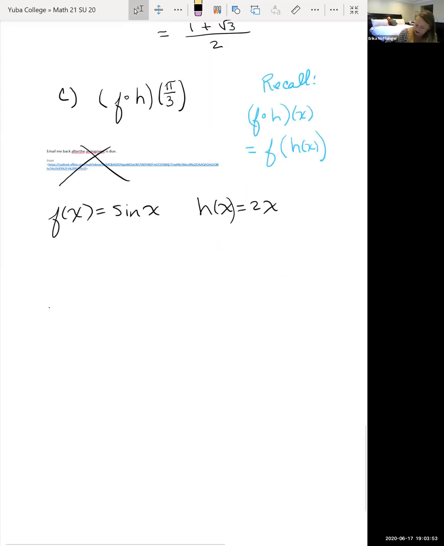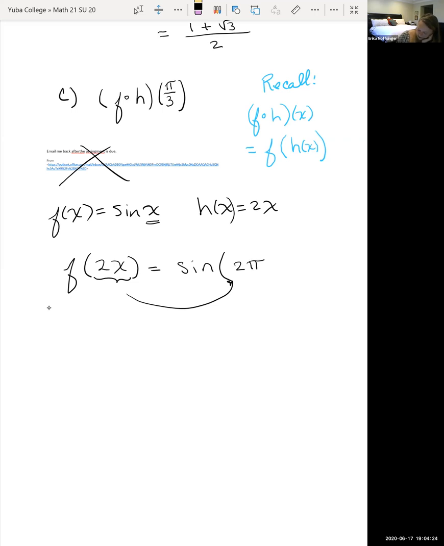And so f of h of x, which is 2x. So go in here, wherever you see an x, we're going to replace it with this 2x. So I have sine, I see an x there, so we're replacing it with 2x.